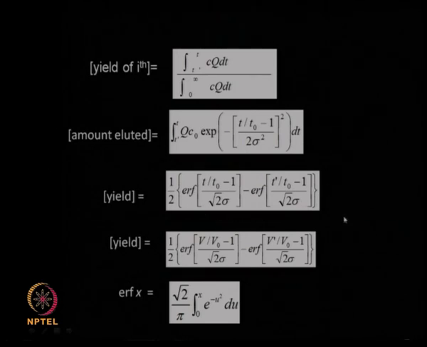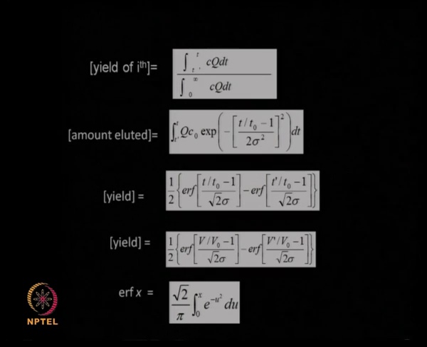A corresponding relation for volume will be, instead of t we substitute v. So half error function (v by v naught minus 1) divided by square root of 2 sigma, minus error function (v dash by v naught minus 1) divided by square root of 2 sigma. So this is a very important equation because we want to know how much of the protein we are able to collect if I start collecting between time t dash to time t.